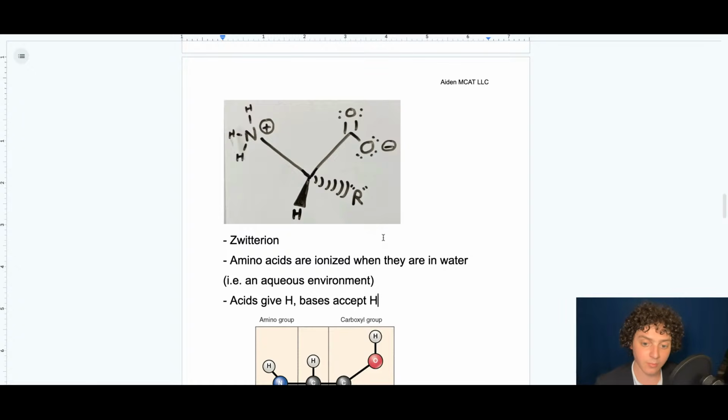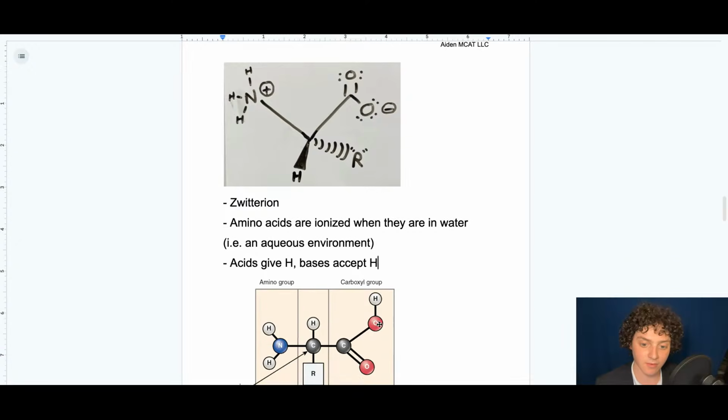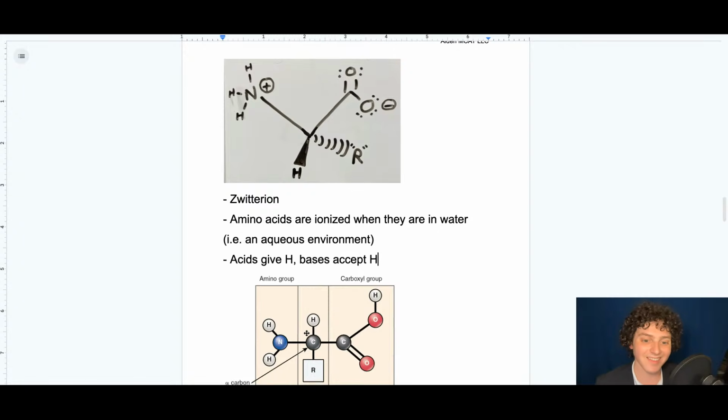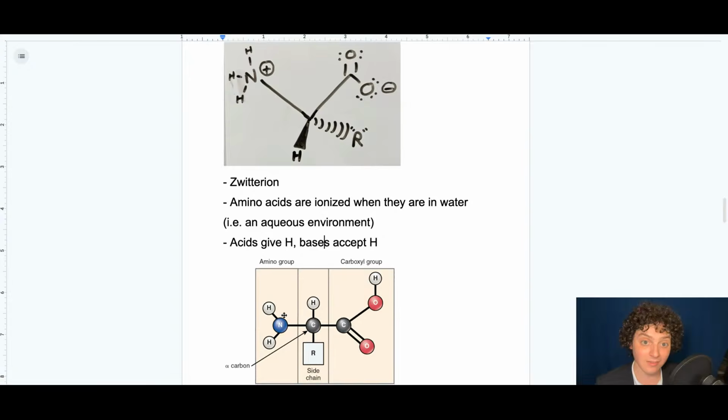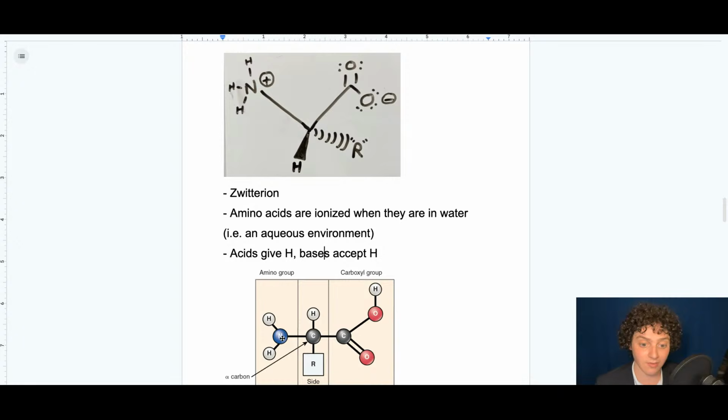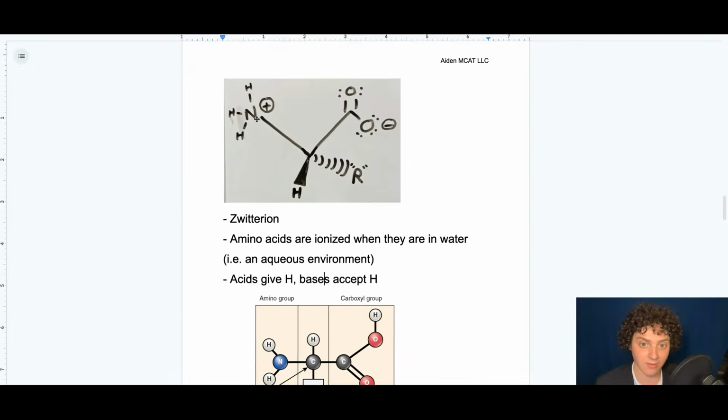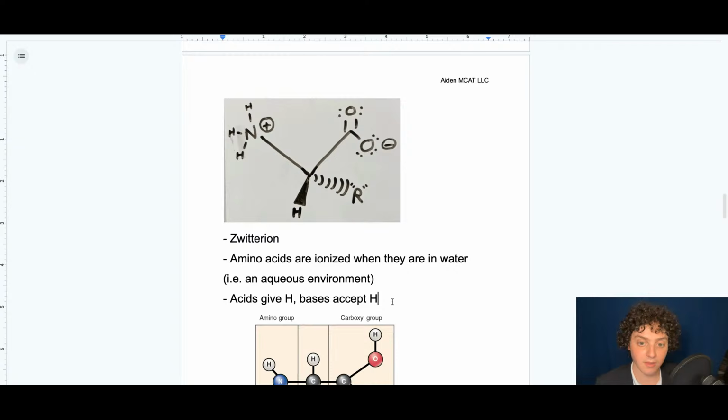That carboxyl group is acidic. So it gives its H, right? There's the H before it loses it, and there's the H after. It's not there anymore. And then a base takes an H. So there's the nitrogen without an extra H, and then there's the nitrogen with an extra H.